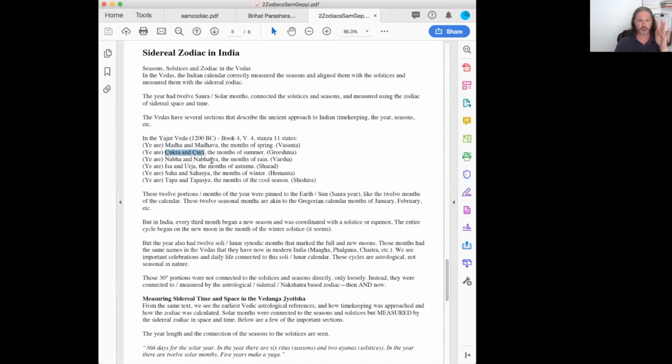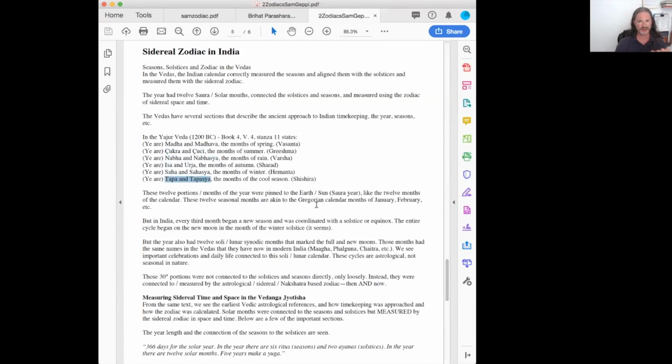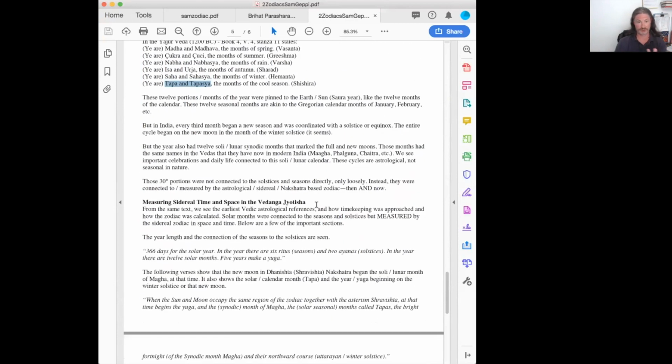And so on through the 12 months of the year: Nabha and Nabhasya, Isha and Urja, the months of autumn; Saha and Sahasya, the months of winter; Tapa and Tapasya, the months of the cool season. So they had 6 seasons and 12 months. These are solar months, totally based on the Earth going around the sun, not 12 zodiac signs, right? These 12 portions of the year were pinned to the Earth and the sun. Again, the Sora year, that's what it was called.